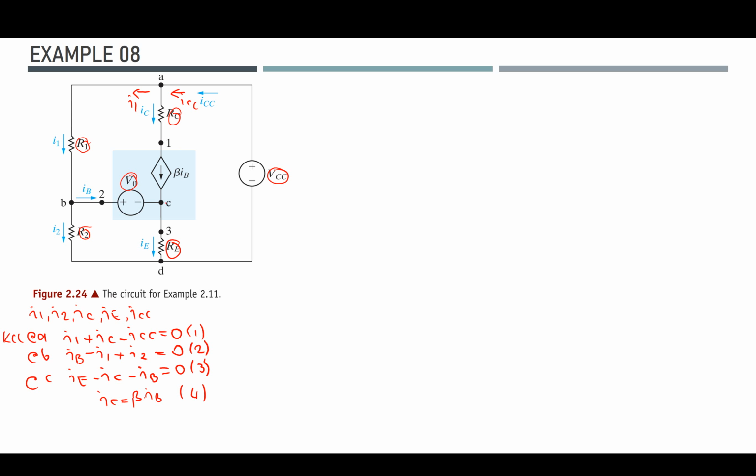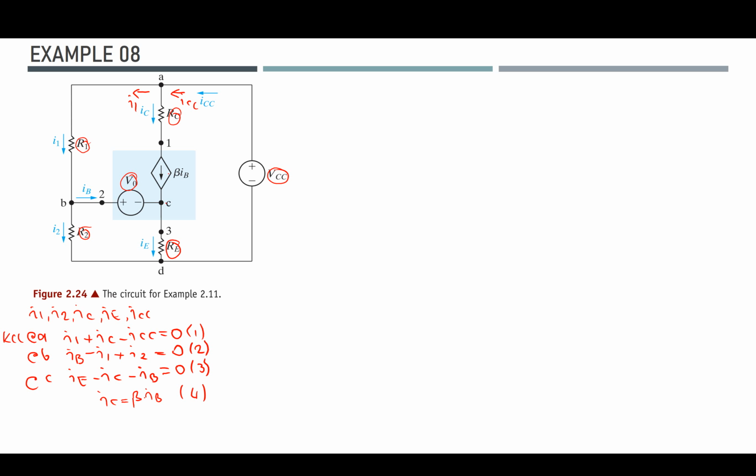So I can also use the KVL to construct additional two equations, because since I have 6 unknowns, I need to obtain 6 equations to be able to solve the circuit uniquely. We need to choose 2 closed paths in order to use Kirchhoff's voltage law.